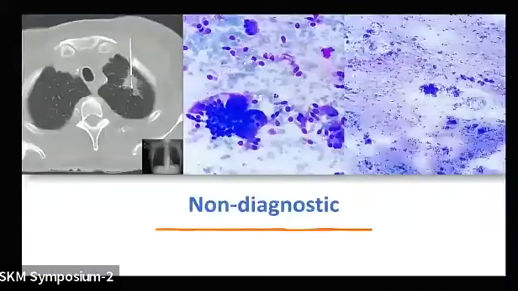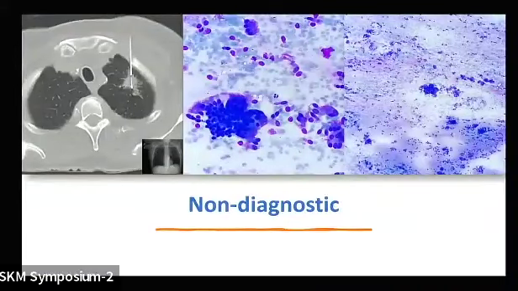Similarly, with crush artifact, the cells themselves are very fragile, and if the technologist or the pathologist smears them with undue force or pressure, they can become distorted quite easily.